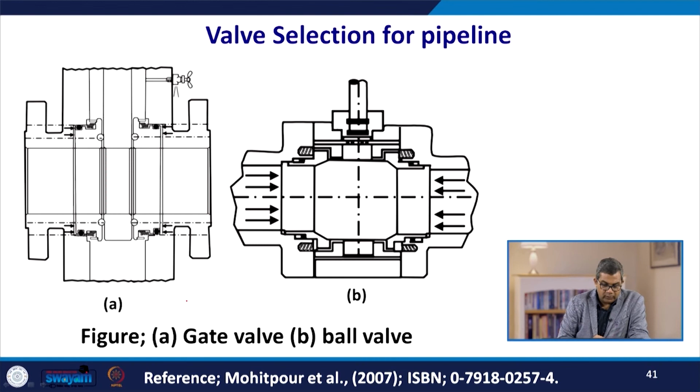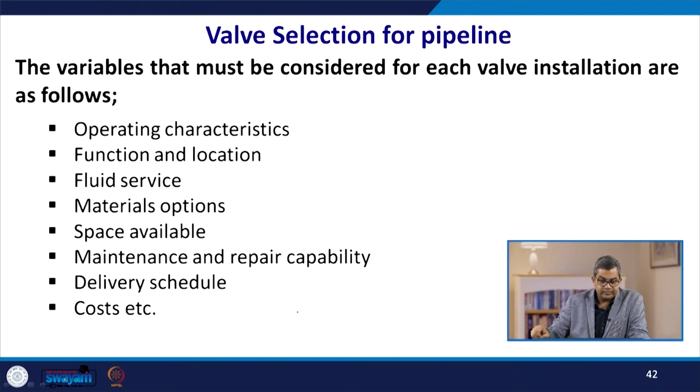The valves provide segregation or isolation of process equipment such as scraper traps and entire plants for safety, maintenance and operating reasons. The gate and ball valves are utilized in pipe transmission. Here you see the gate valve and ball valve, which are used in various kinds of pipeline operation.